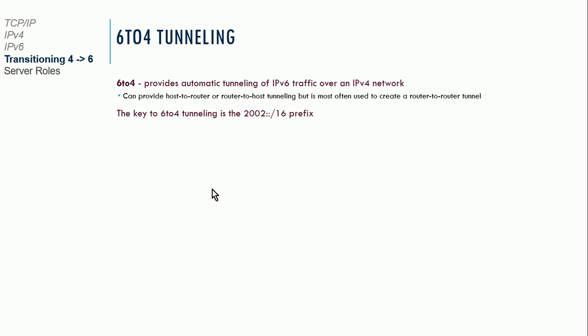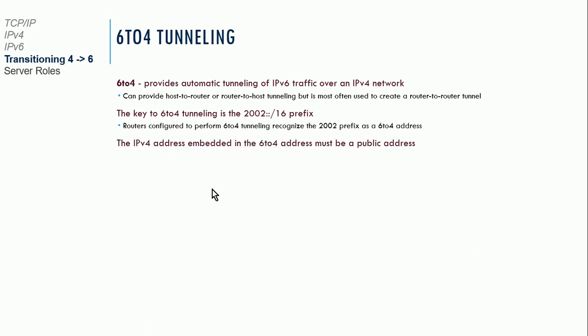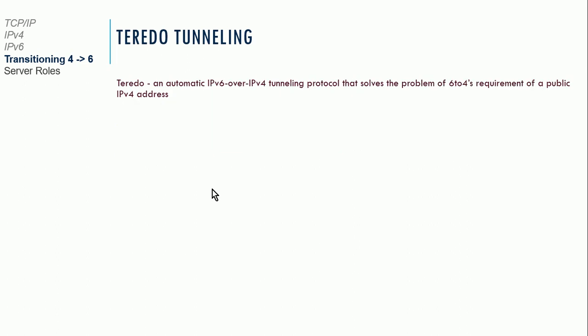There's the 2002::/16 prefix, which we use for 6to4 tunneling. The thing about 6to4 tunneling is that you can only do this with public addresses, and that's why it's really limited to router tunnels and not host to host or host to router. So its use is kind of limited.